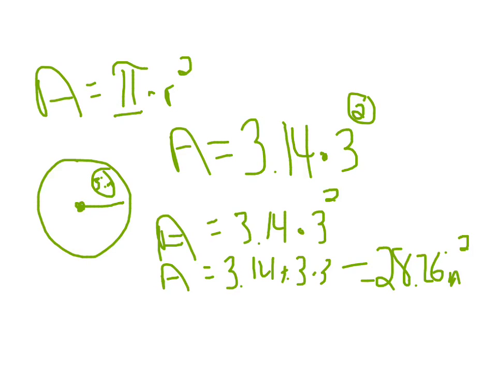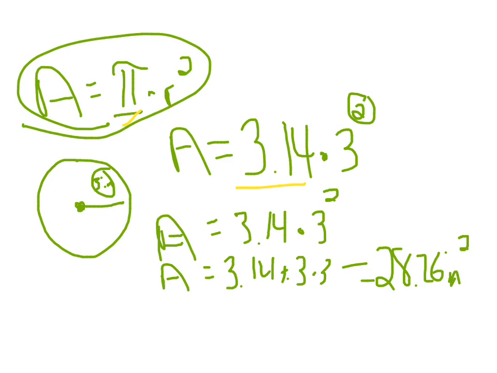So again, the steps, remember area equals pi r squared. We take our numbers we know. Well, we know pi, we're going to use it as 3.14. The radius is the distance from the middle to one side, which in this case is 3, and we got the squared. So I'm going to plug them in, 3.14 times 3 squared.